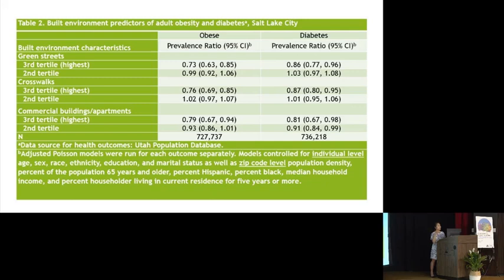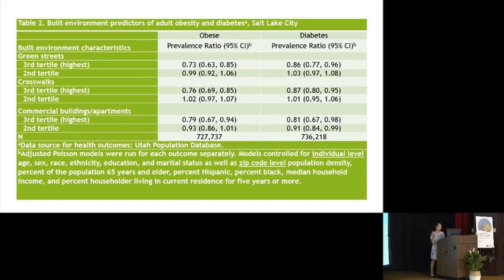We merged our built environment characteristics, so Google Street View derived characteristics at the zip code level, with individual level health outcomes. And here it's obesity and diabetes. For presentation, we categorize our built environment characteristics into tertiles. So people in the third tertile have, for instance, the highest exposure to green streets, to crosswalks, to commercial buildings.